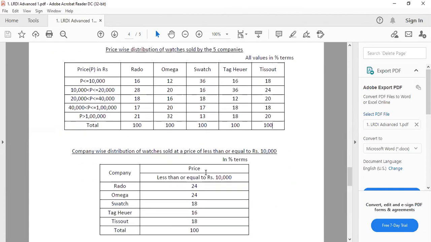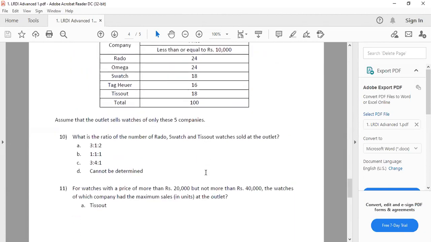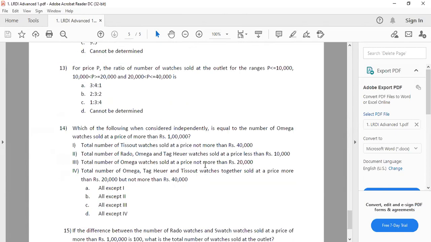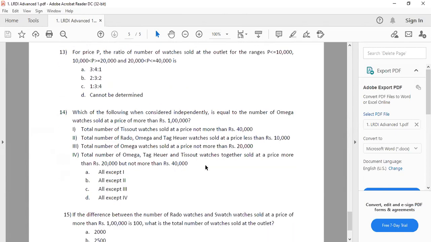No, total watches has not been given anywhere. Oh, sorry. Okay. I read the question wrong. Which of these is equal to this? So according to the table, find out the number of omega watches in this price range, and then check each of these 4 statements and see which one is equal to that number.